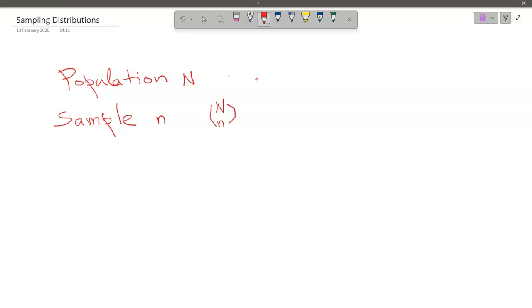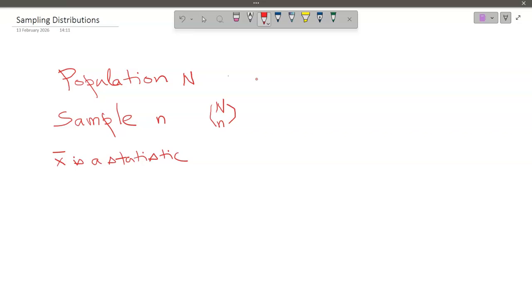Okay. So once we have the sample, we go for the statistic, which is a function of the sample. So x bar is a statistic.